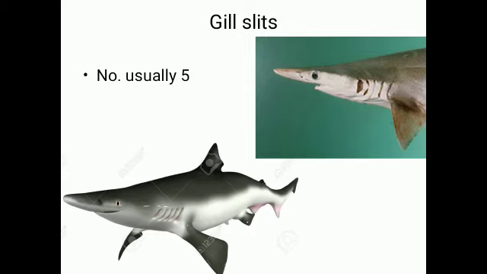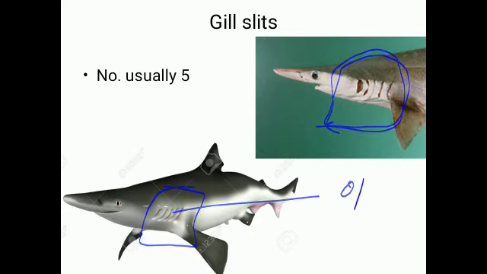We move to the second character, that is gill slits. They have gill slits that are naked, that are visible, not covered by any cover or sheath-like structure. In Osteichthyes, that is bony fishes, the gill slits are covered with an operculum, and we can't see them naked.